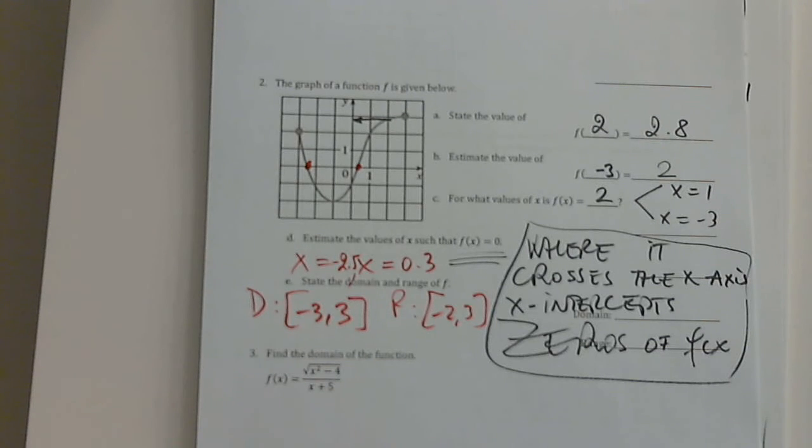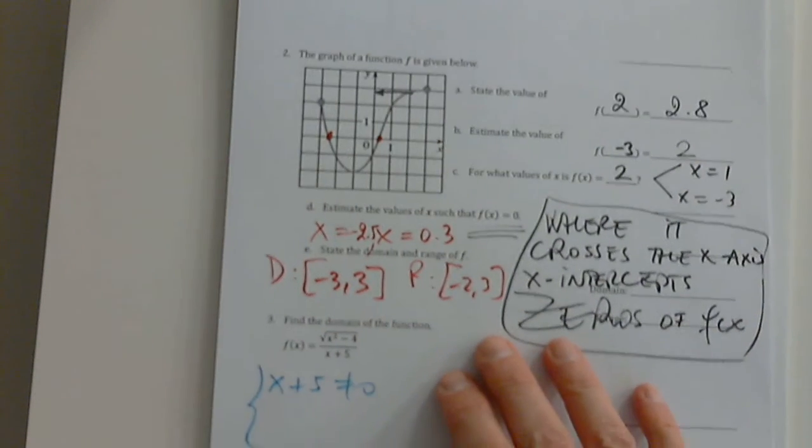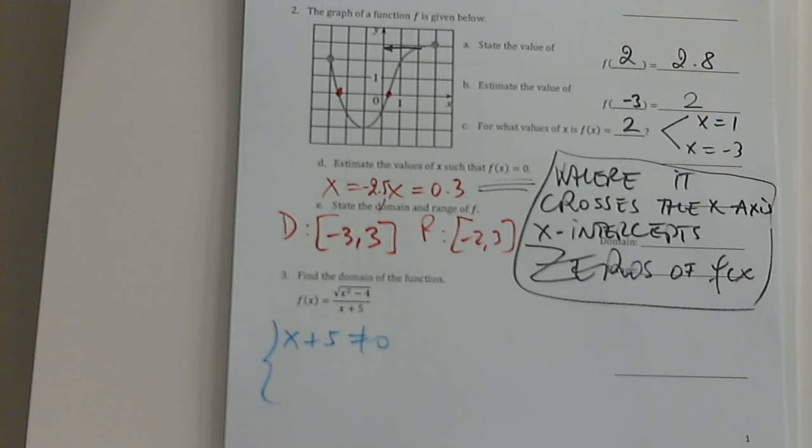Why do I have to state a restriction for the ratio? What can happen in a ratio? The denominator cannot be 0. Excellent. So that's my first condition. Absolutely. The denominator cannot be 0. Good. Now let's analyze the square root. So what's the situation with the square root?